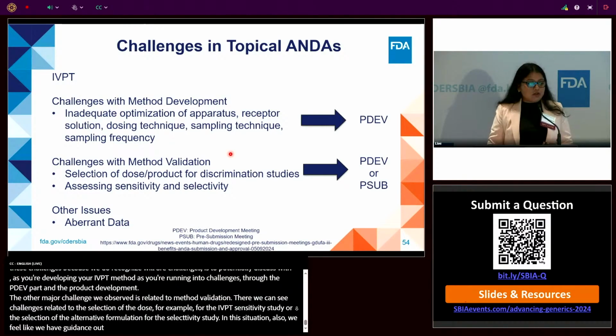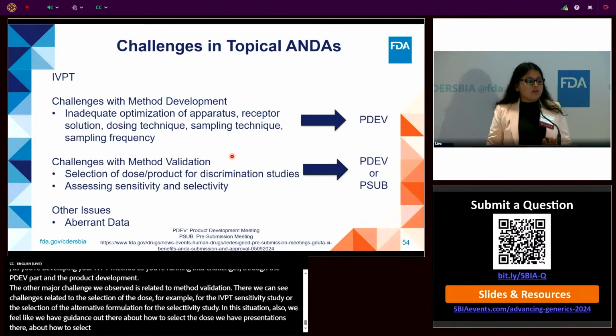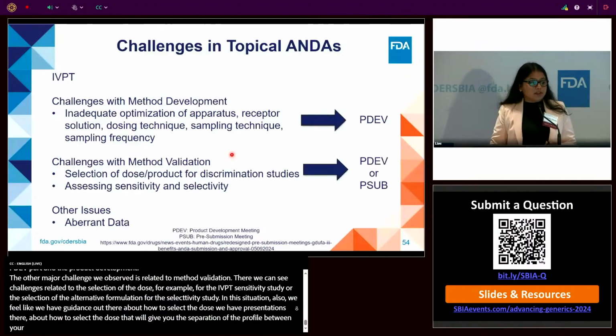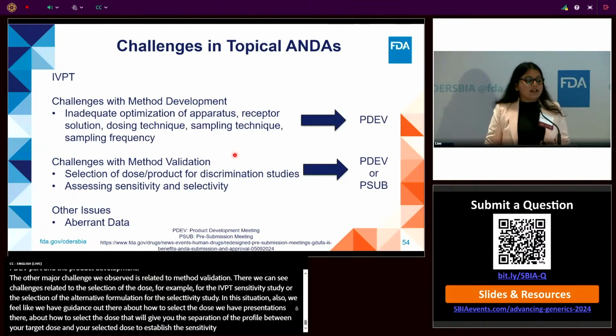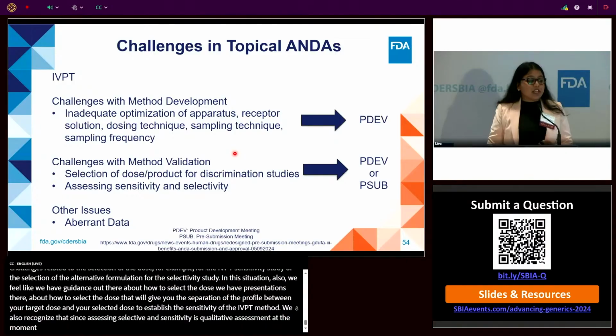We have presentations out there about how to select a dose that will give you the separation of the profile between your target dose and your selected dose to be able to establish the sensitivity of the IVPT method. But we also recognize that since assessing sensitivity and selectivity is a qualitative assessment at the moment for our guidances, this can lead to some challenges.